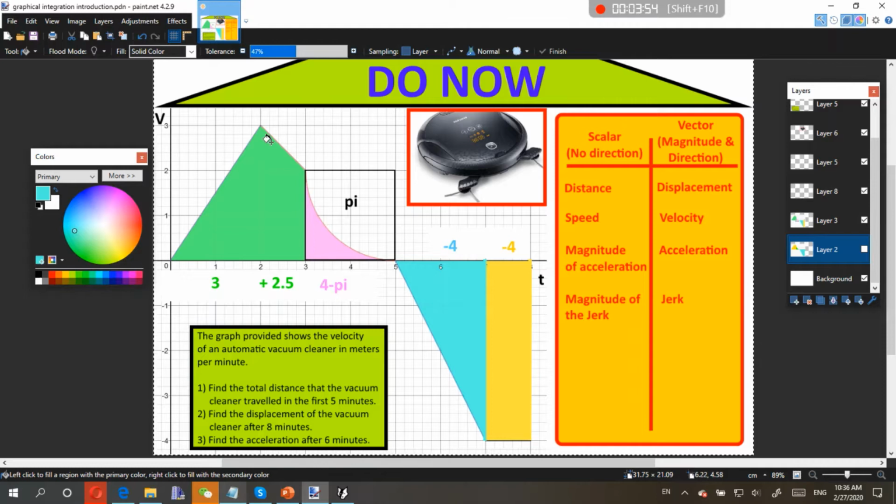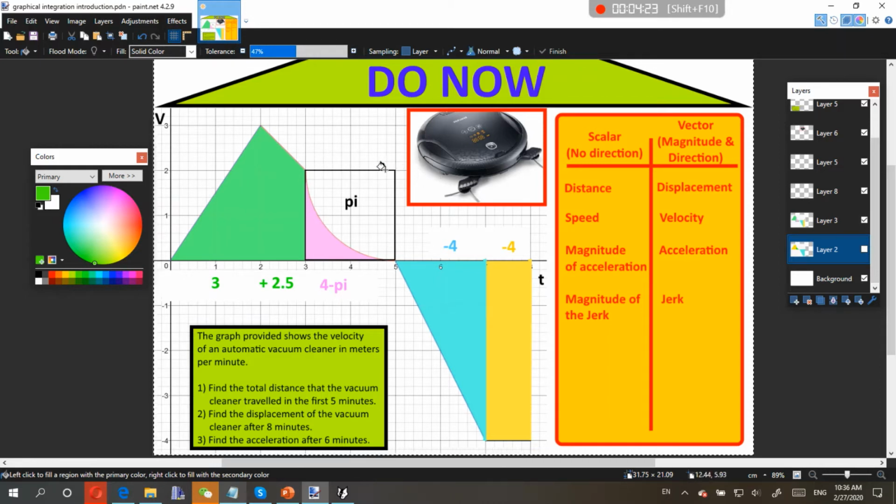So we've got this triangle, which is a 2 by 3 triangle. So that's half of 6 is 3. This trapezoid, I've got my rectangles here, so that's 1, 2, and a half is 2.5. So total in green, I've got 5.5. Okay, for this part in pink, we've got the whole box, which is 4 units.